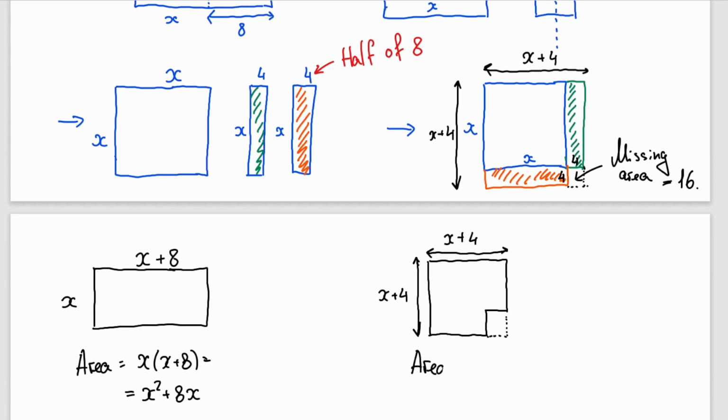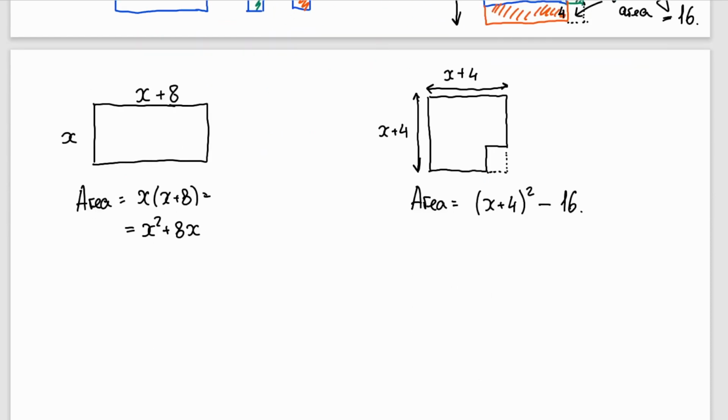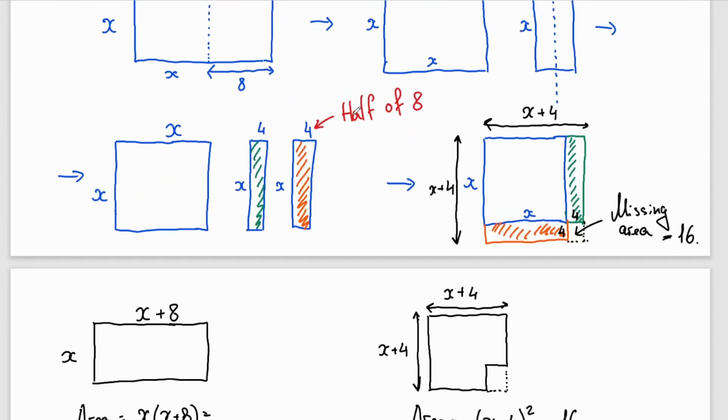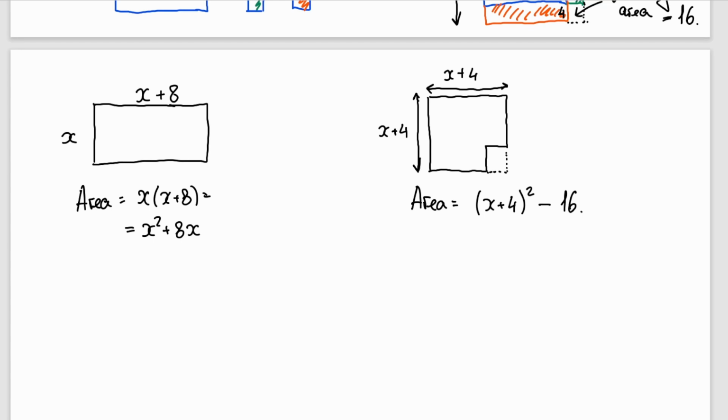So the area would be x plus 4 squared, take away the missing area, which is 16. Where did 4 come from? If you look above, you'll realize 4 is half of 8. Now, where did 16 come from? That's the area of the missing square.